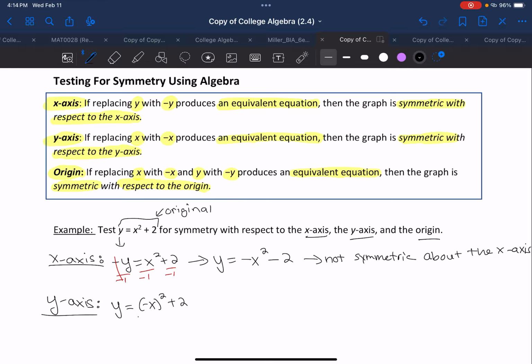And then negative x squared will remain positive x squared. So this will result in y equals x squared plus 2. So this is the same as the original. So this is symmetric about the y-axis, since we got an equivalent equation.